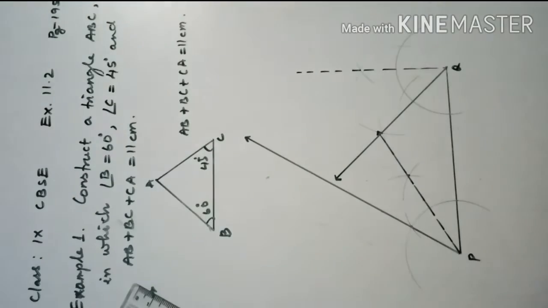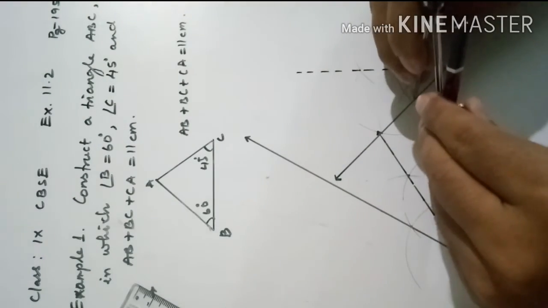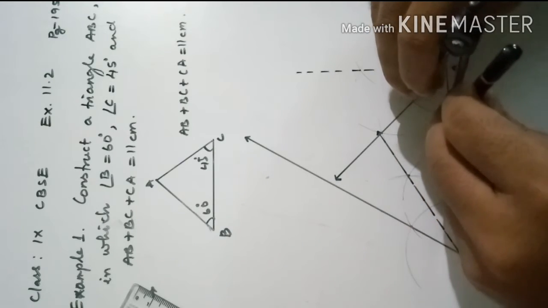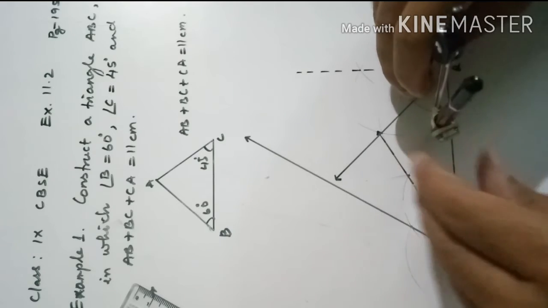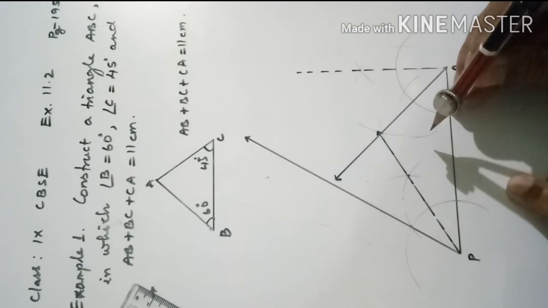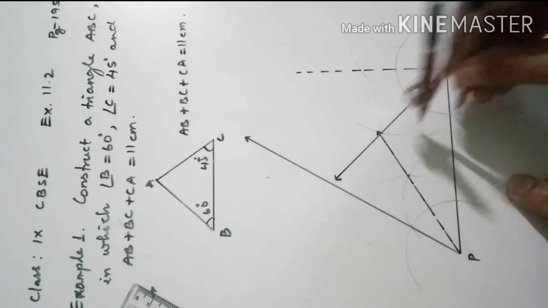Okay, then again this 45 degree you have to draw the bisector. Take this much length or more, no problem, but don't take less. Okay, draw one arc here, draw one arc.